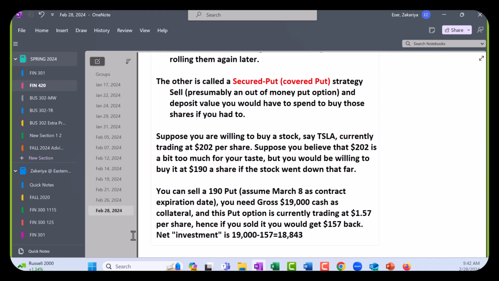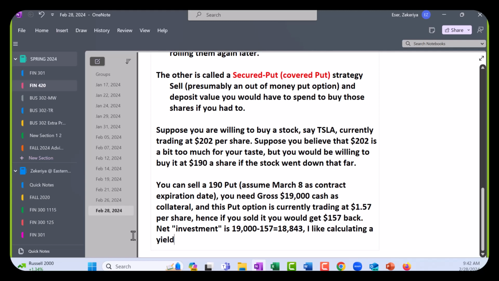If you think about it, sometimes when I do this, I like calculating a premium yield. So my raw yield is I get $157 on an investment of 18,843.